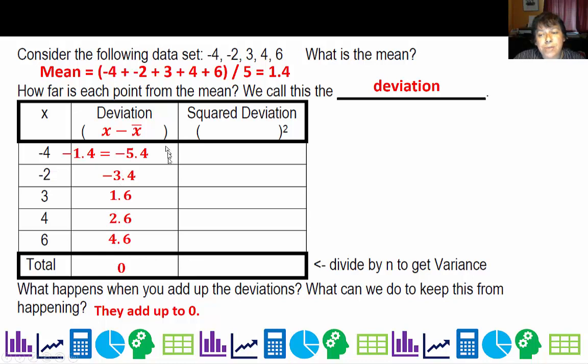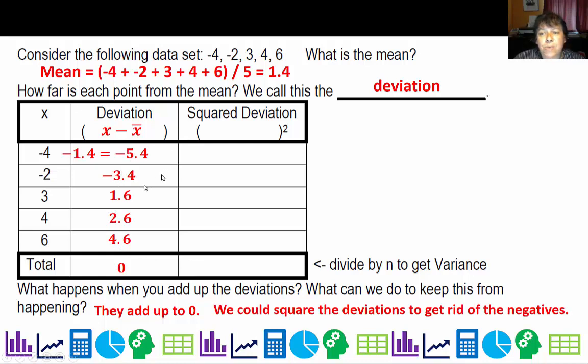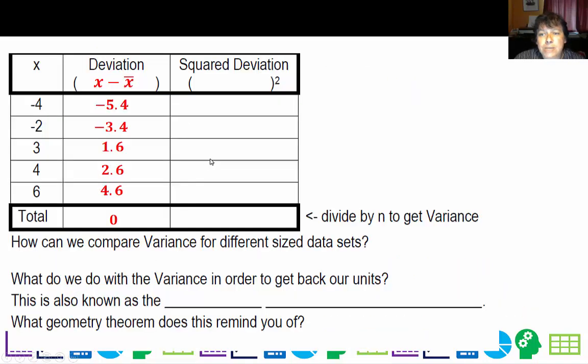The way we can get around this is to square it to get rid of the negatives. So for my squared deviation, I'll have x minus x bar squared. -5.4 squared is 29.16, and 11.56, etc. Now, if I was talking about an entire population, I divide this by n to get the variance.